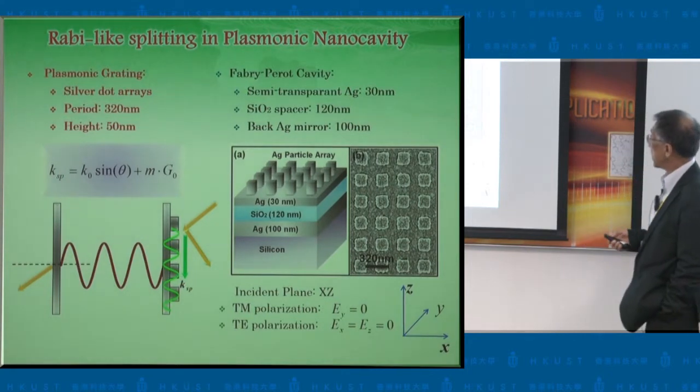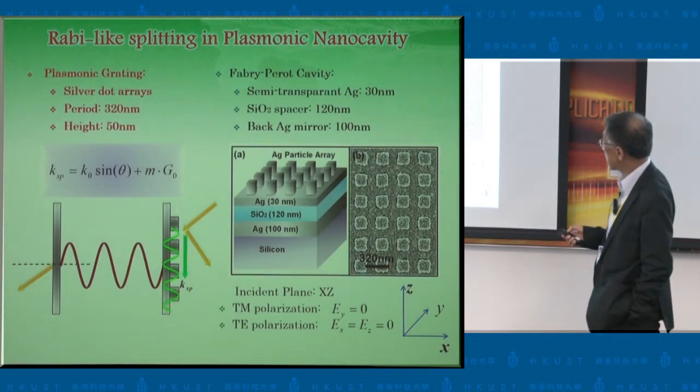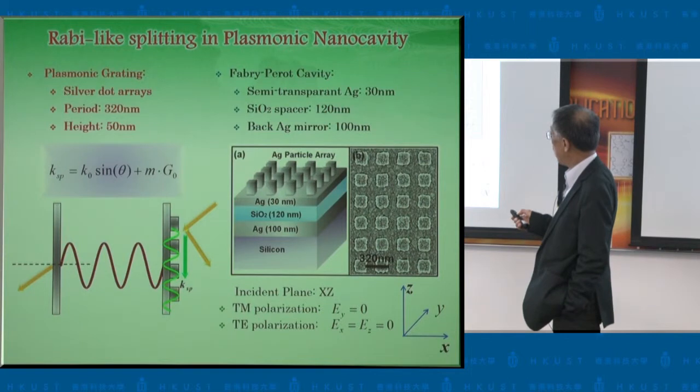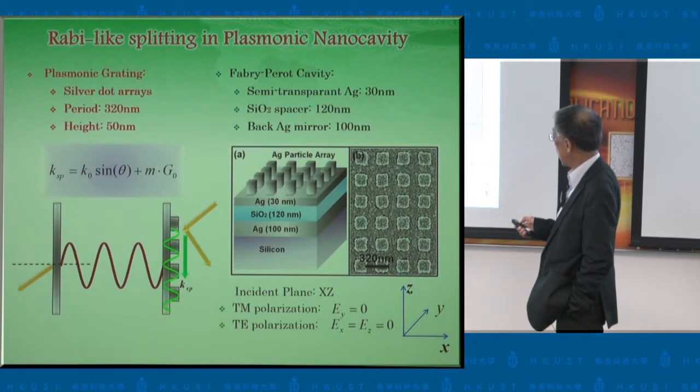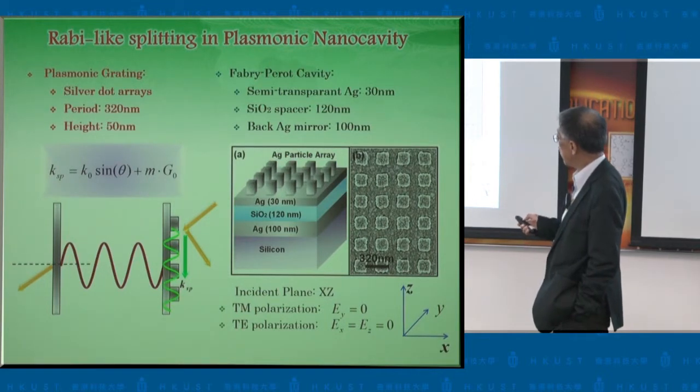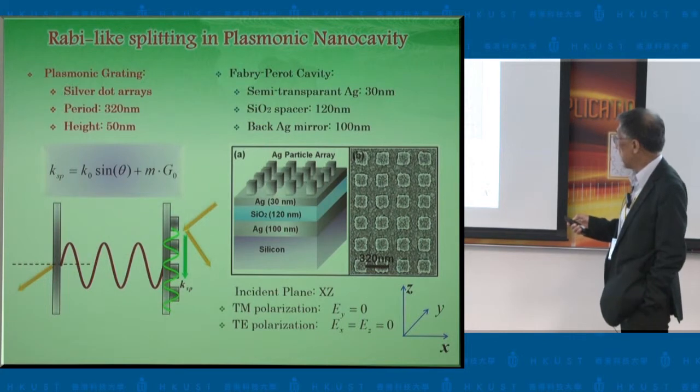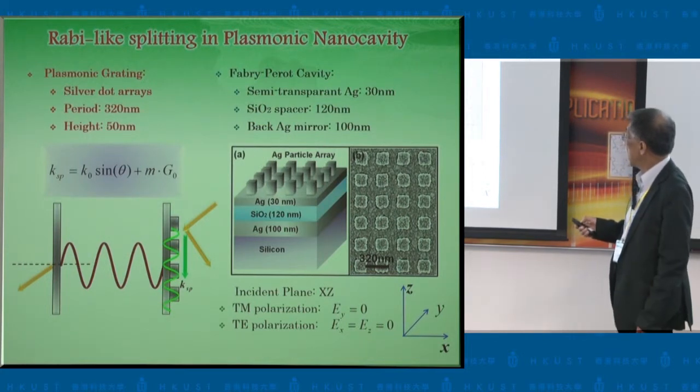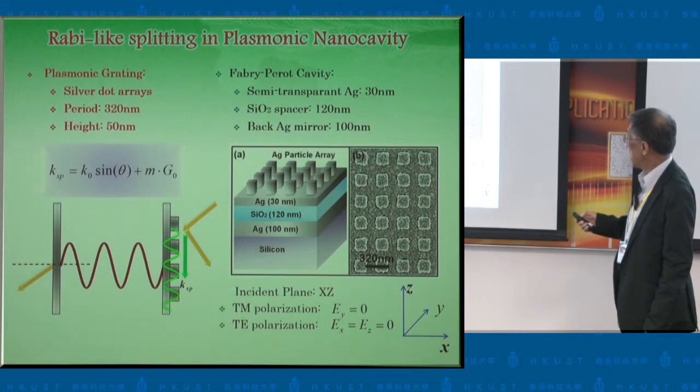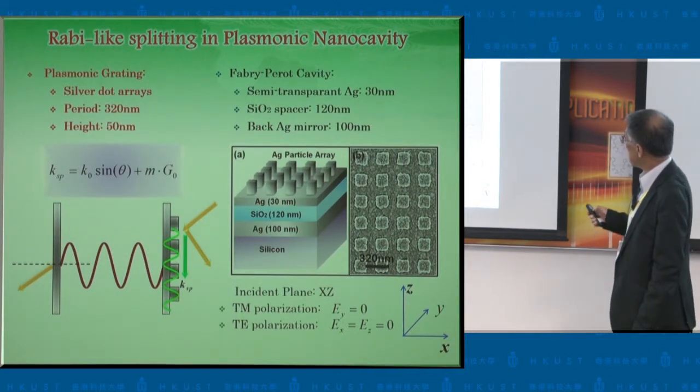Now, in our work, you could see we have a Fabry-Perot cavity using silver, silicon dioxide, silver. The top silver is 30 nanometers, thin enough that the modes of the cavity couple to the silver particle array at the top, which forms the plasmonic side. So this is the SEM.